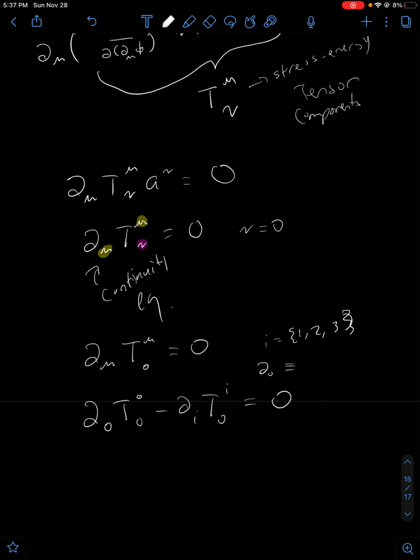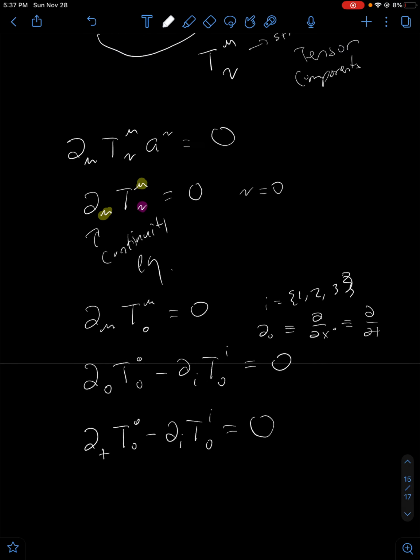And recall that partial naught is defined as partial over partial x naught, which is defined as partial over partial t. So this is just partial t T naught naught minus partial i T i naught equals 0.